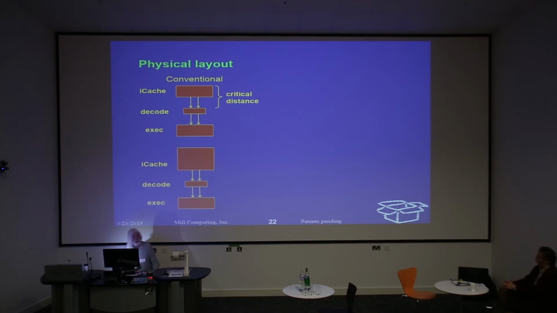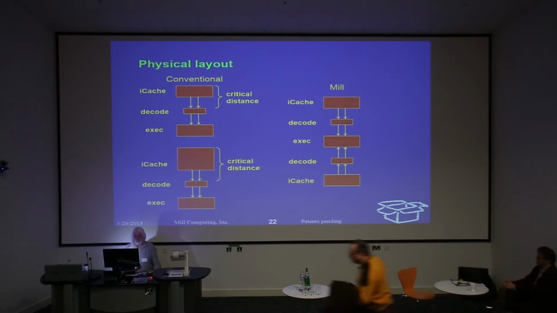Now, I could increase the I-cache, but when I do that, my critical distance is also increased, and the penalty, well, there's always a trade-off between wanting more instruction cache and wanting a faster machine, and it's not nice to have to choose. So in a Mill, you don't do that. Instead, because there are two instruction streams, you have two instruction caches and two decoders.